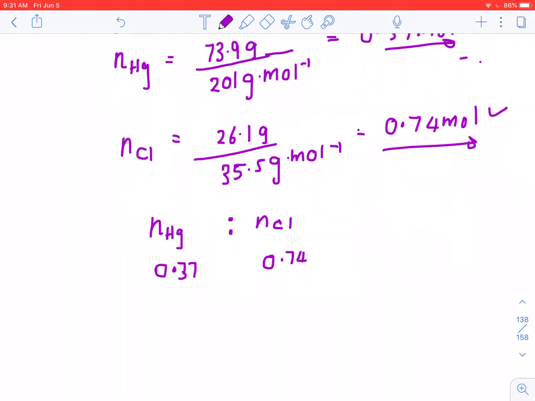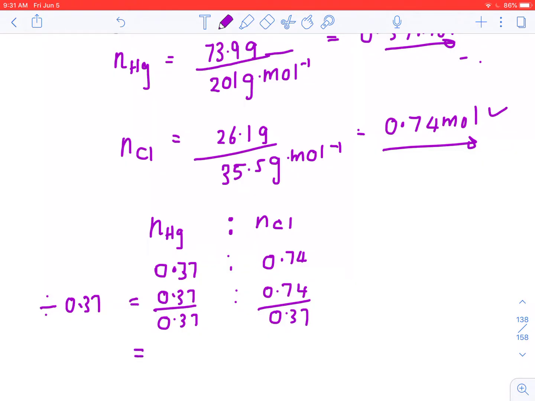If we want the lowest ratio, then we divide throughout by 0.37. 0.37 divided by 0.37, and 0.74 divided by 0.37, which means we now have 1 is to 2.